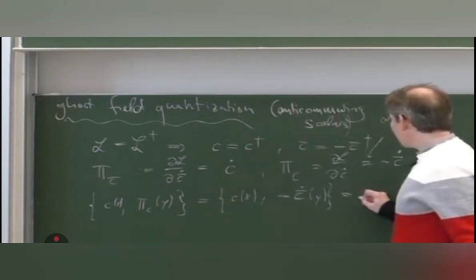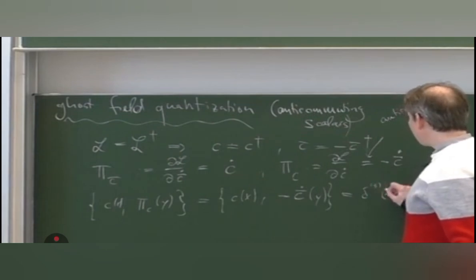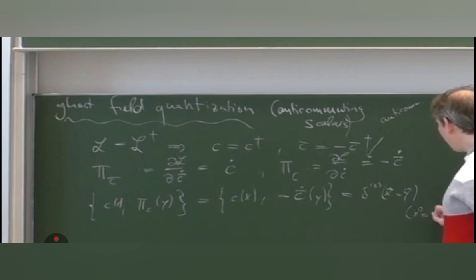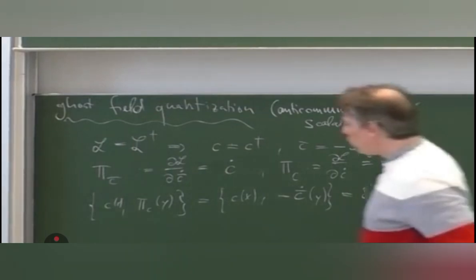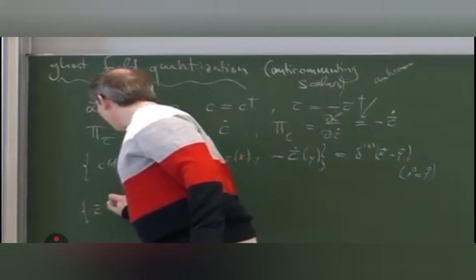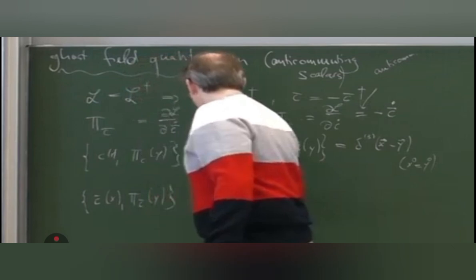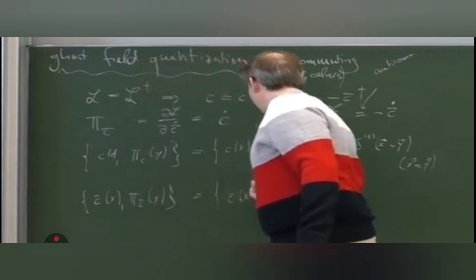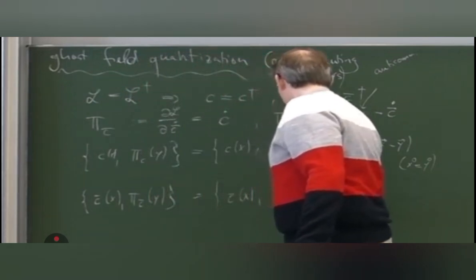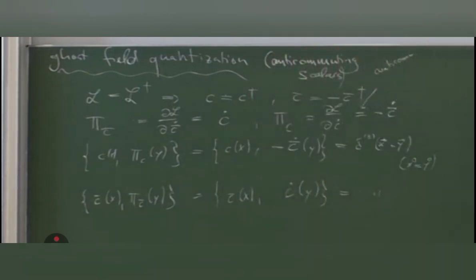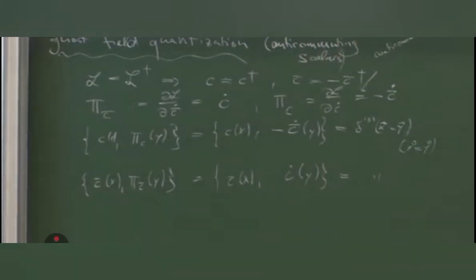This should be a three-dimensional delta function of x minus y, where the time arguments are assumed to be equal. And similarly for the anti-ghost, C bar of x with pi C bar of y, which is the same as C bar of x plus C dot of y, is the same thing. And then you have all the expressions that you need in order to quantize the theory.